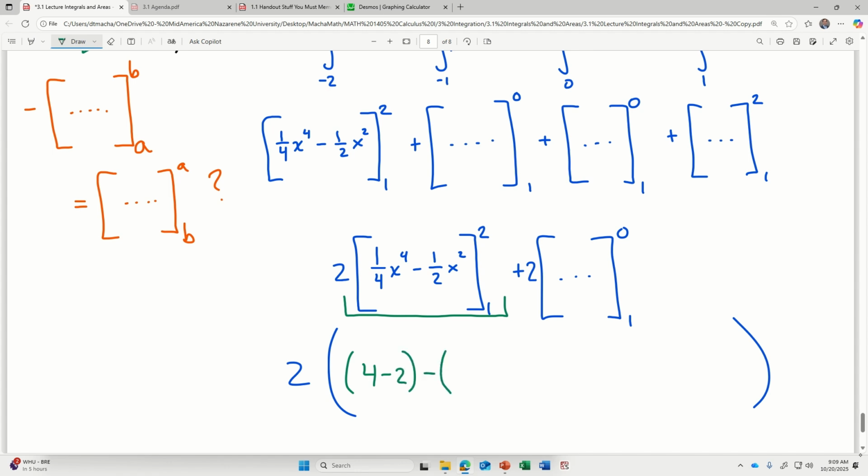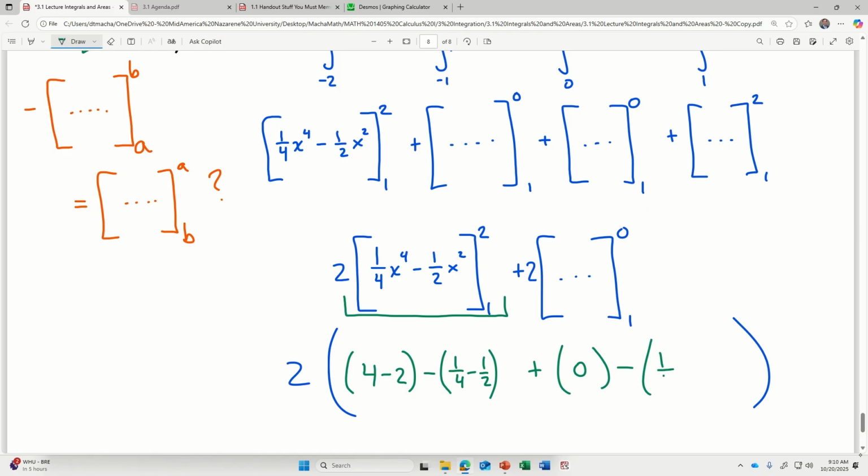Then the lower bound, where I plug in 1. Plus, and I've already factored out this 2 and put it on the outside of the parentheses. What do I get if I plug in the 0? Minus, what do I get if I plug in the 1? Well, I actually already plugged in the 1 before.